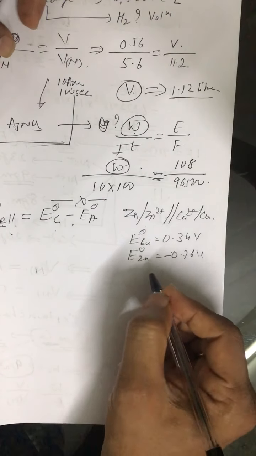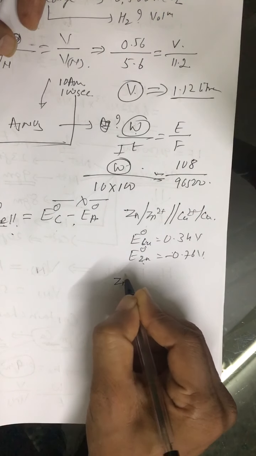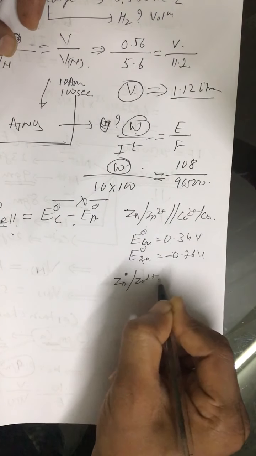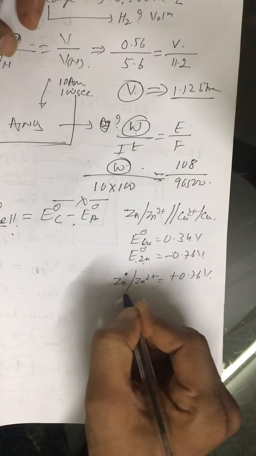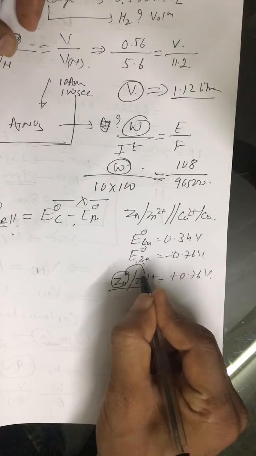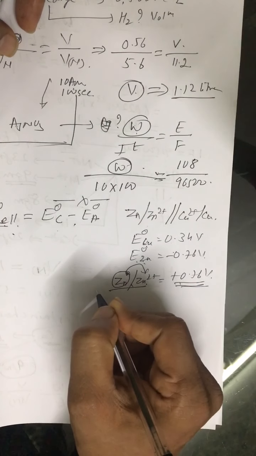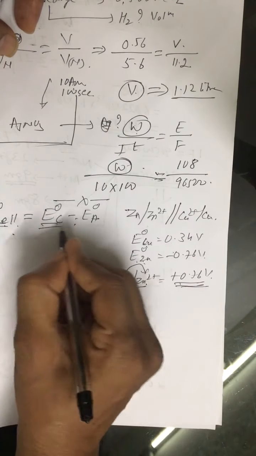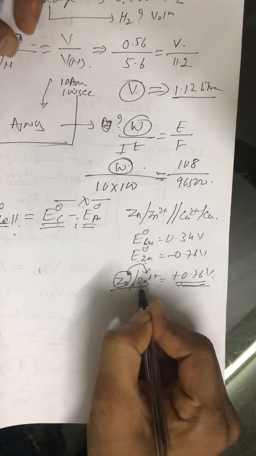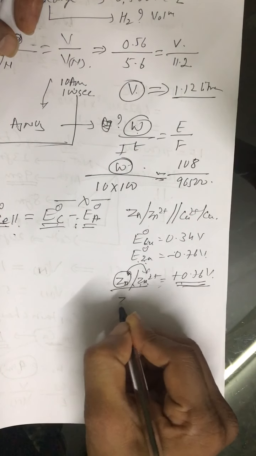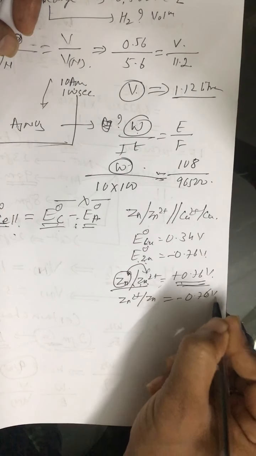You should be careful about values, that they may give Zn oblique Zn2 positive value as plus 0.76. But this is oxidation, the conversion of metal into metal ion. So the given value is actually oxidation potential. In the formula you have to put reduction potential, so you have to change the sign, means write Zn2 positive oblique Zn, then it becomes minus 0.76 volt.